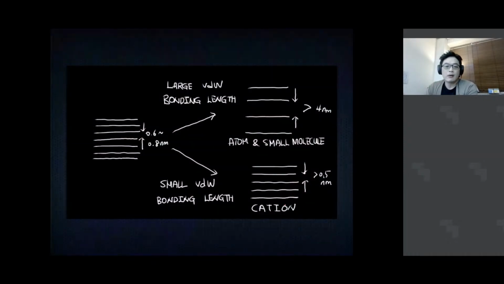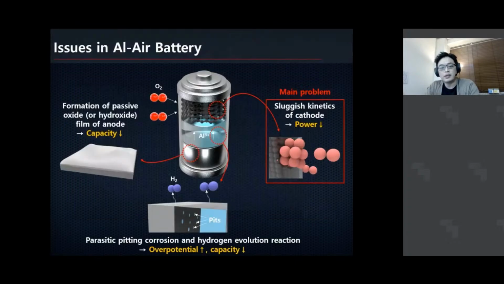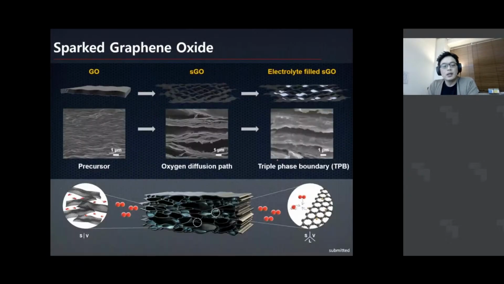So a second case of the enlarged van der Waals gap is where we utilize that concept in aluminum air batteries. Okay, to make a long story short, the problem in the aluminum air battery is the slow oxygen reduction reaction. So how can you boost up the oxygen reduction reaction? That's the main issue in this battery.